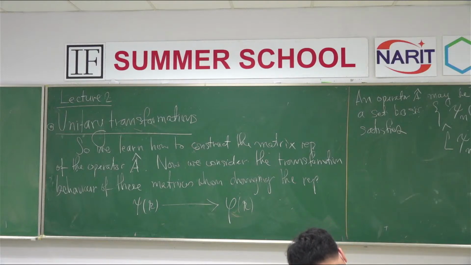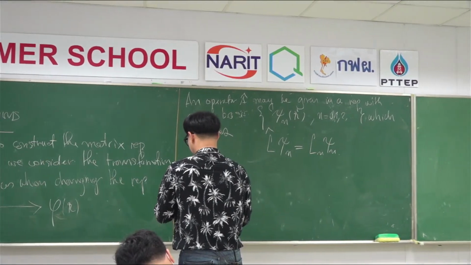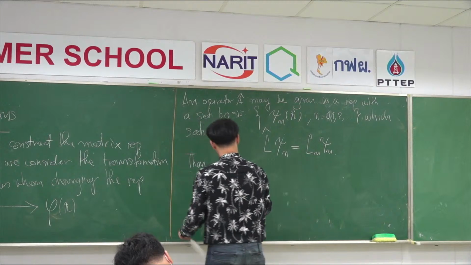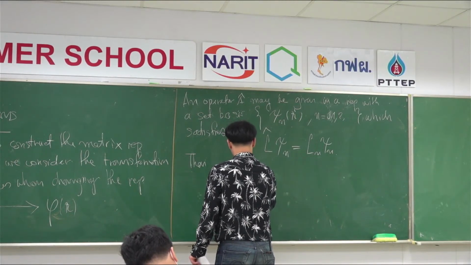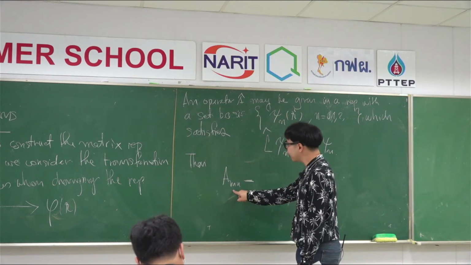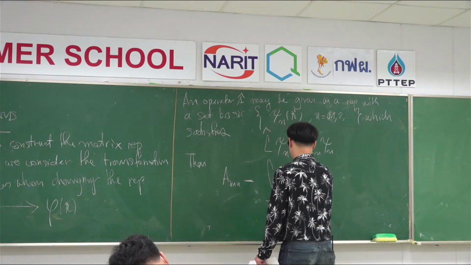This is nothing but an eigenvalue equation that we mentioned last time. Then it's not difficult to see that the matrix elements of the operator A can be written in terms of this.